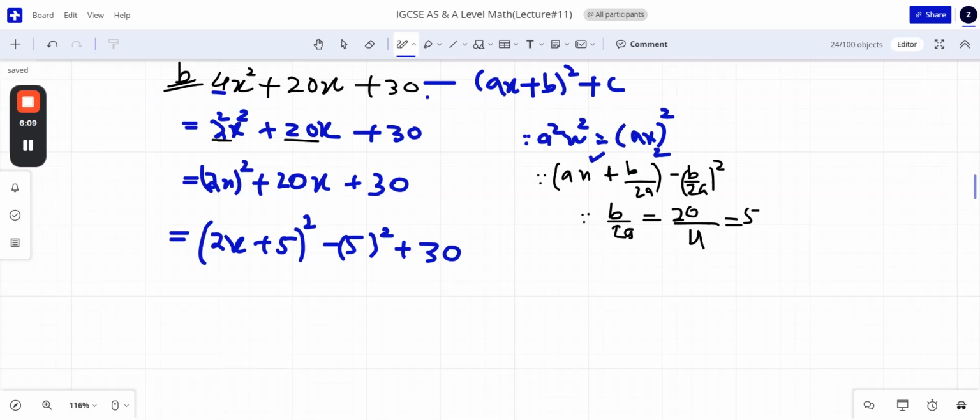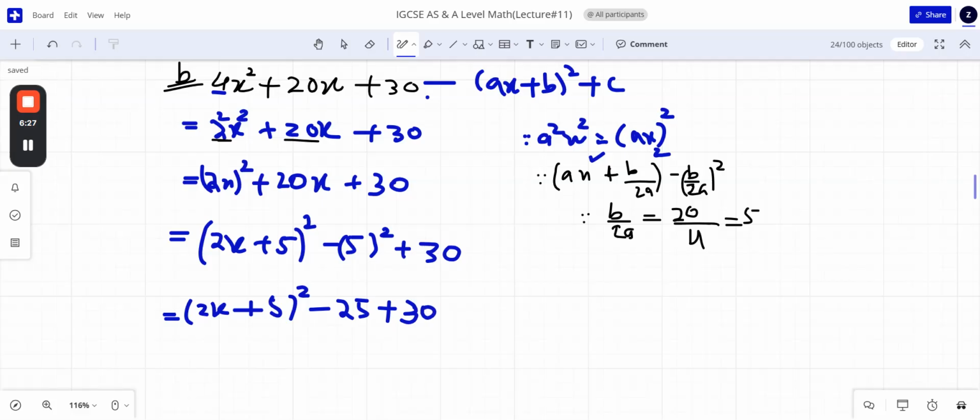So now the first value we will keep the same, (2x + 5)², then minus 5², which is 25, and plus 30.